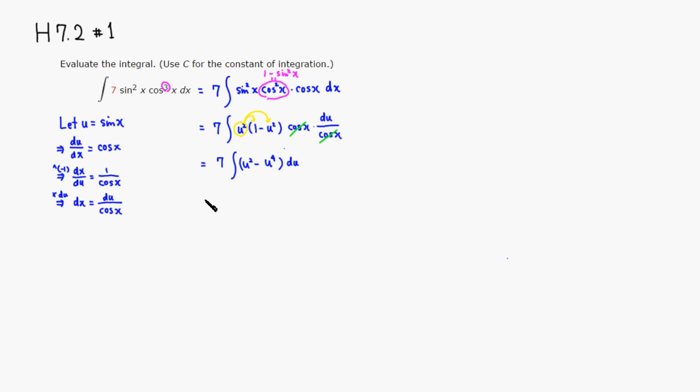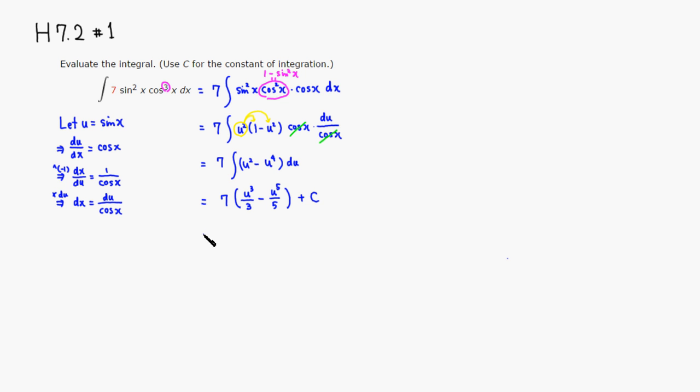Then we can just use the power rule to evaluate this integral. The antiderivative of u squared is u cubed over 3, minus the antiderivative of u to the 4th, which is u to the 5th over 5. Since this is an indefinite integral, I'm going to put plus some constant c.